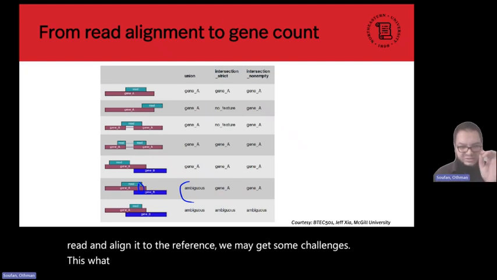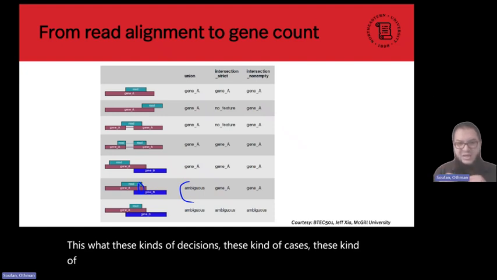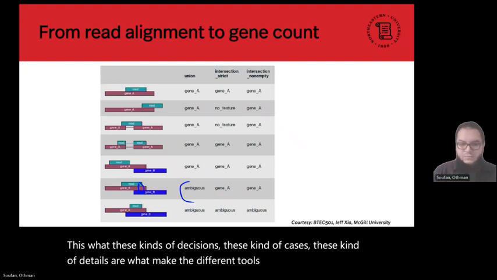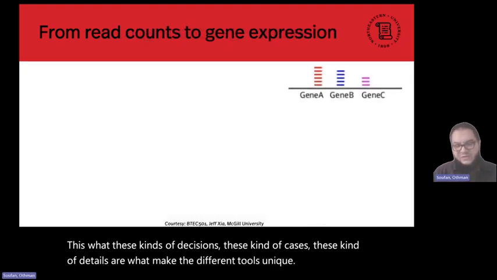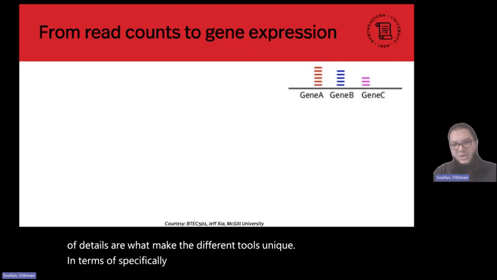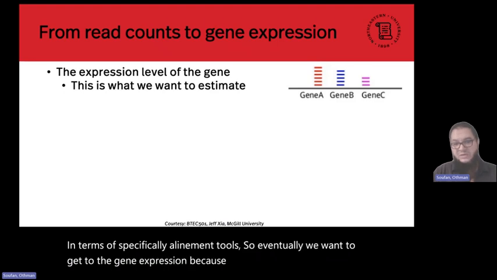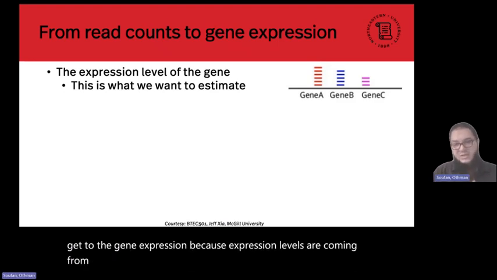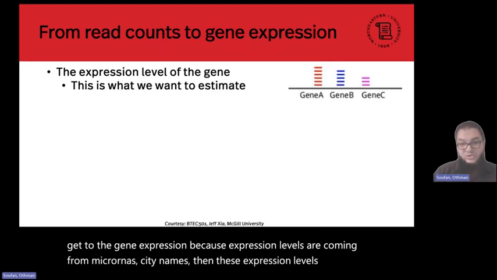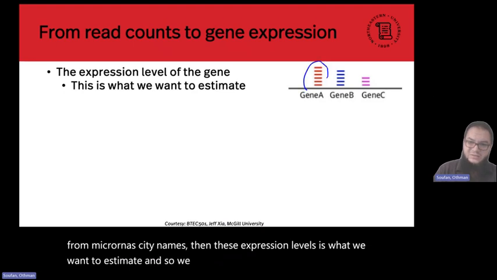These kinds of cases and details are what make the different tools unique, specifically alignment tools. Eventually we want to get to the gene expression, because expression levels come from microRNAs, cDNA, and these expression levels are what we want to estimate. And so we can see the difference between gene A, gene B, and gene C.